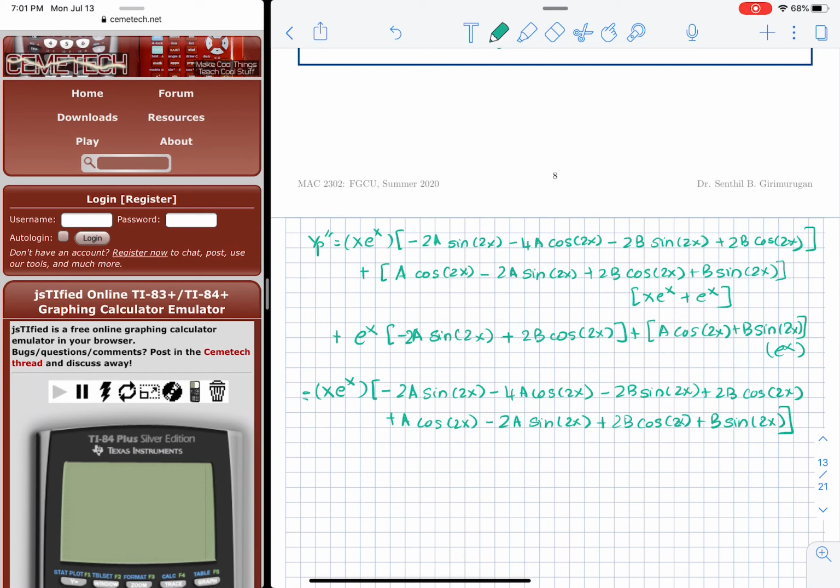And the e raised x terms, a cosine 2x minus 2a sine 2x plus 2b cosine 2x plus b sine 2x minus 2a sine 2x plus 2b cosine 2x plus a cosine 2x plus b sine 2x.